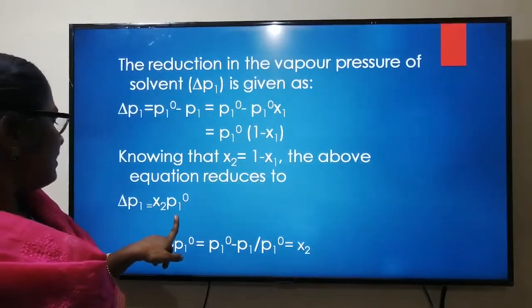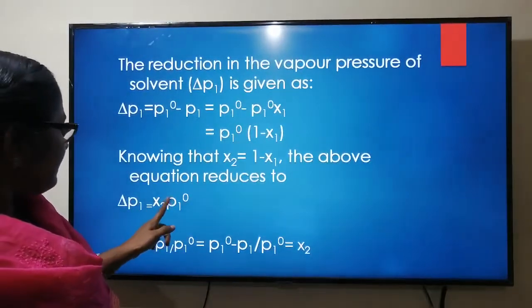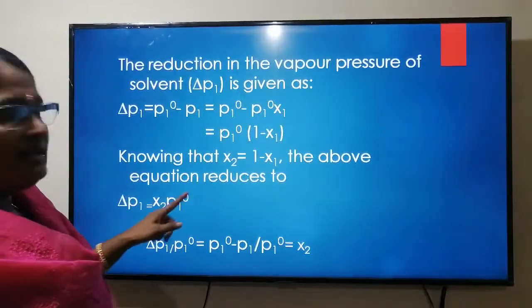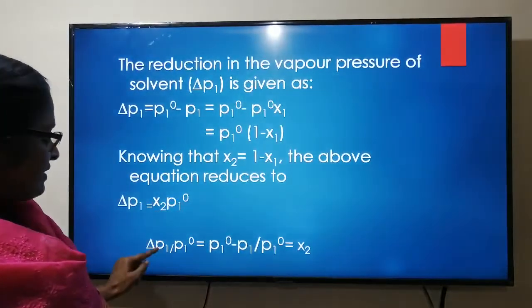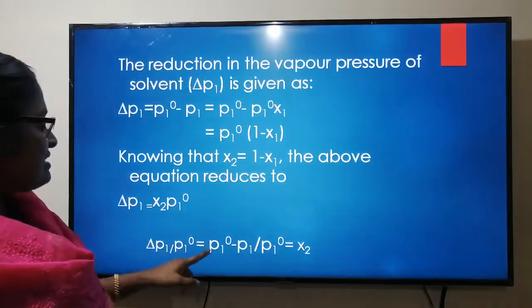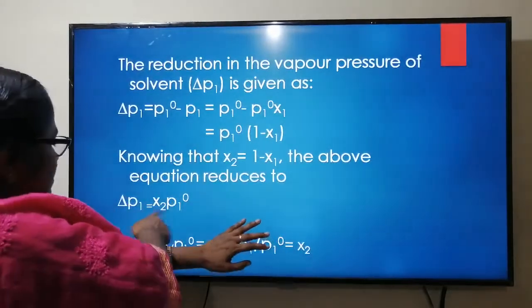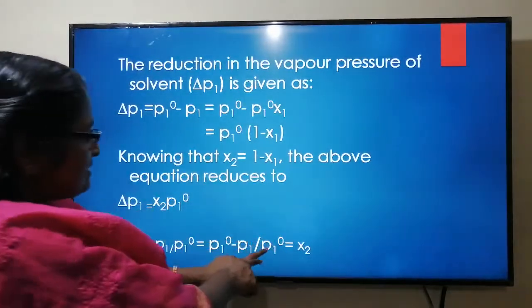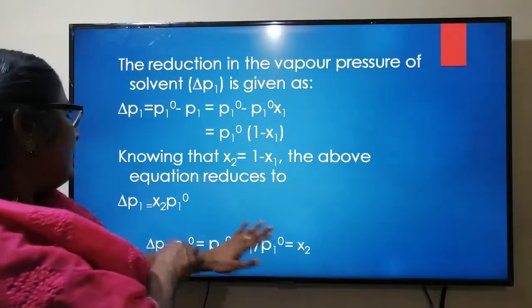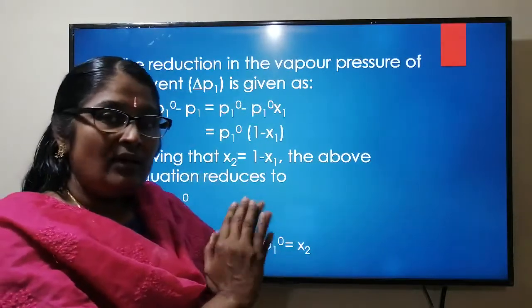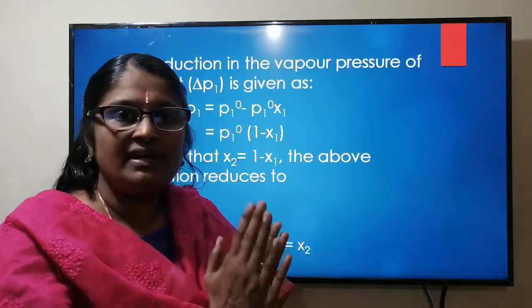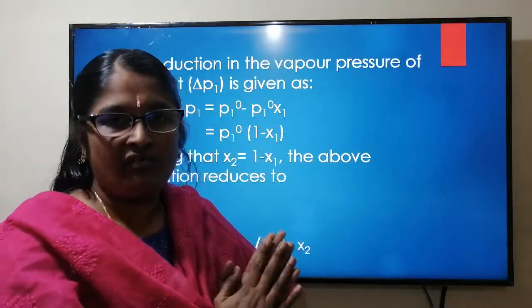This is very important. Rearranging, bringing this term down, we get delta P1 by P1° is equal to x2. Delta P1 is the lowering of vapor pressure, that is, how much the vapor pressure is lowered.